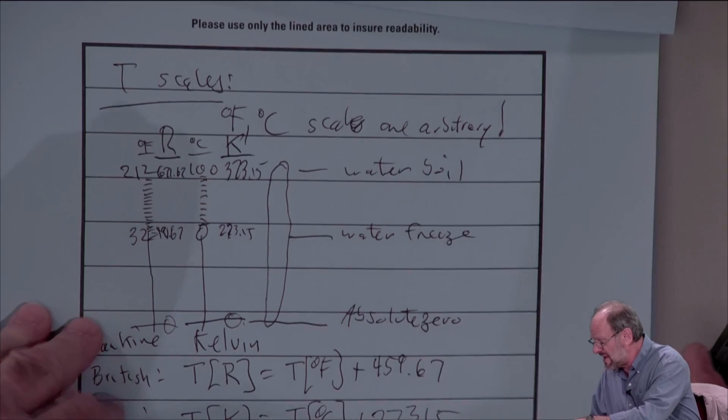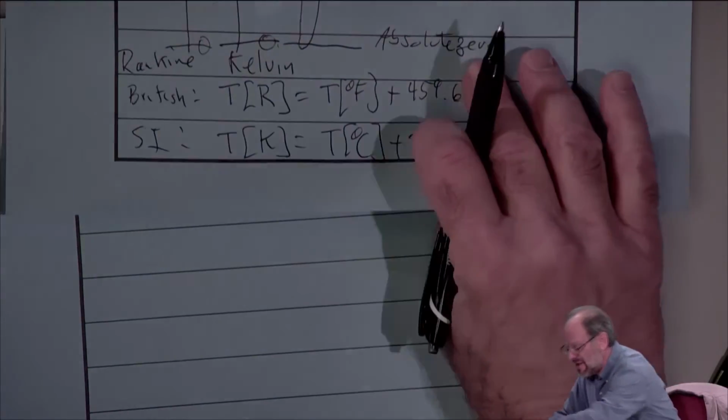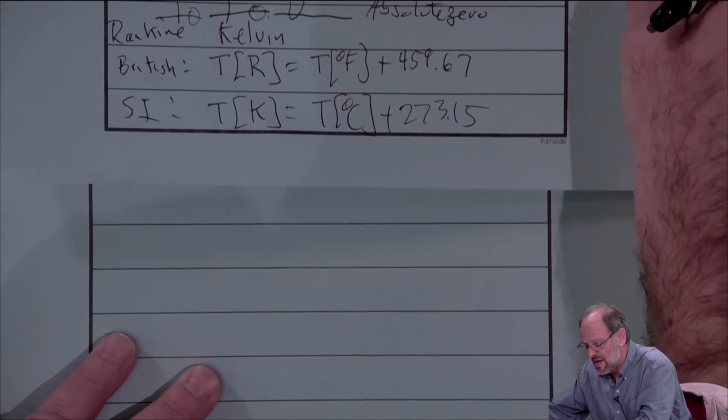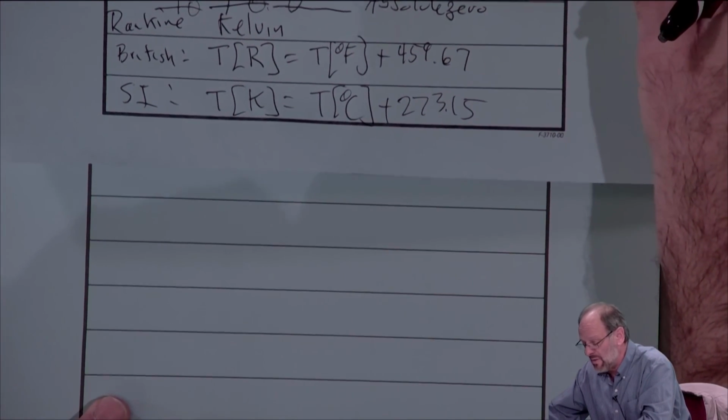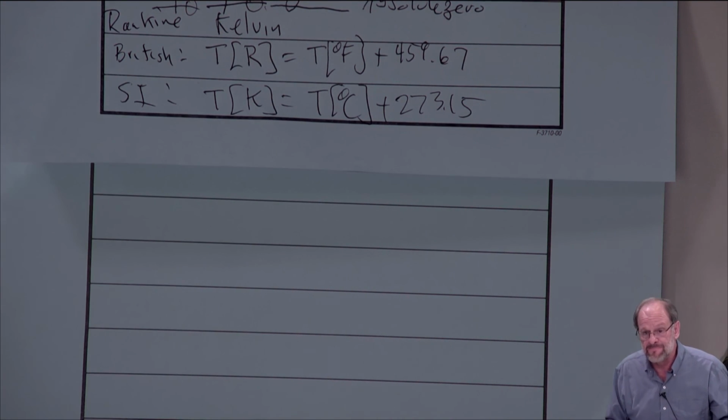I would go so far as to say that whenever you have a problem where you actually have to use temperature within that problem, then you're definitely going to be using the Rankine scale or the Kelvin scale. Now, that doesn't mean we're always going to use those scales.